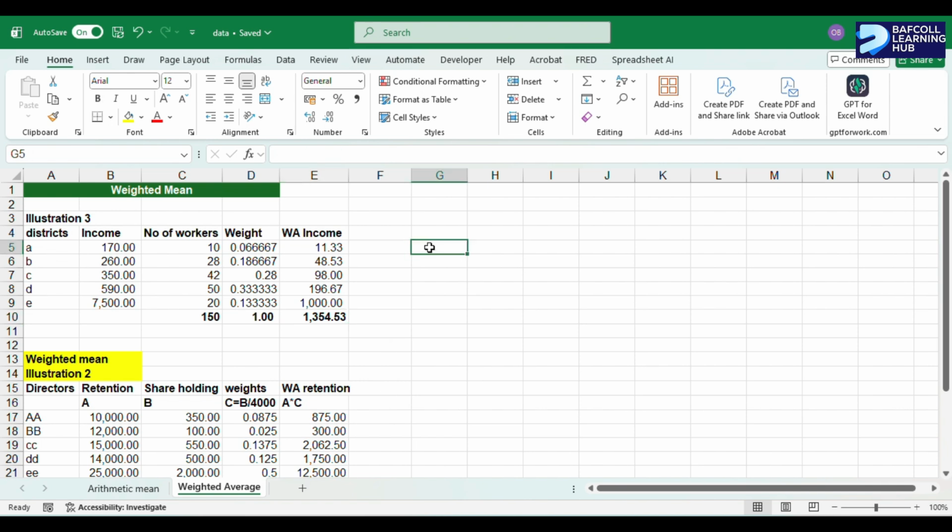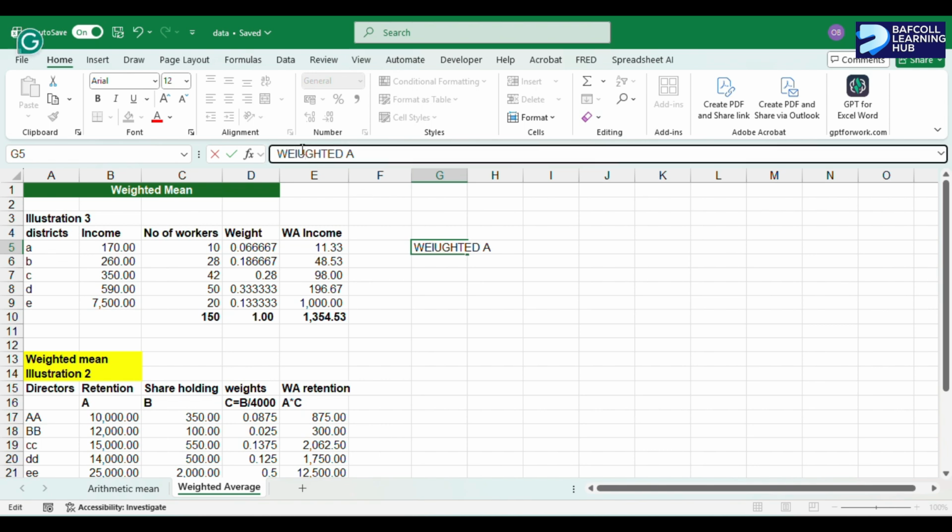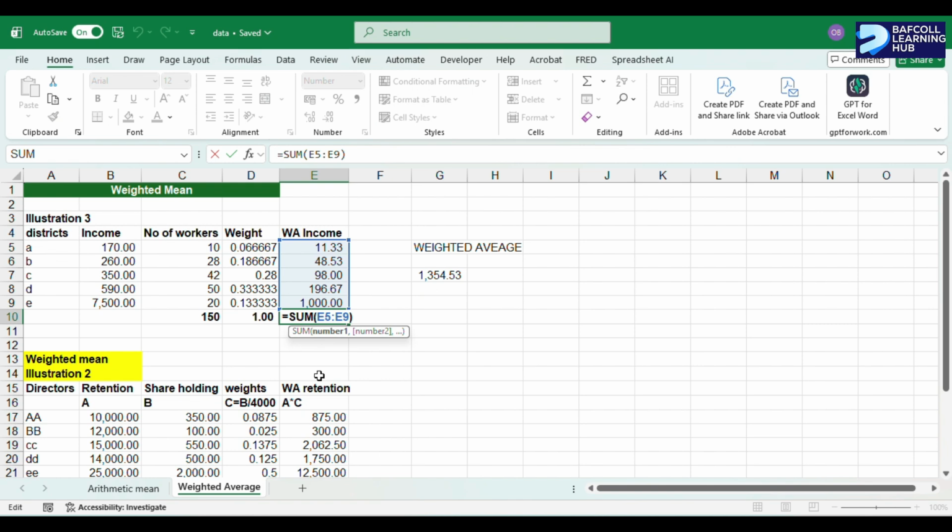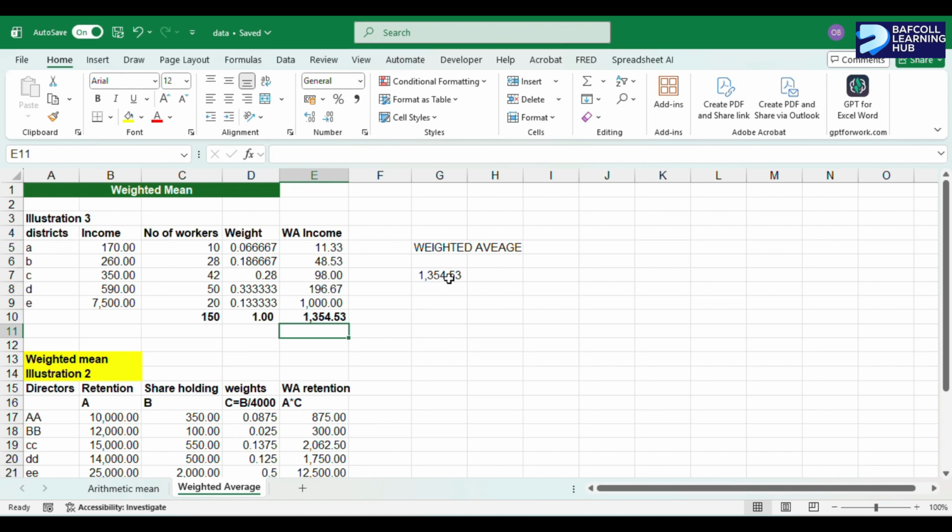Our weighted average is going to be equal to the summation of the weighted average income divided by the summation of the weight. So the weighted average income is 1,354.